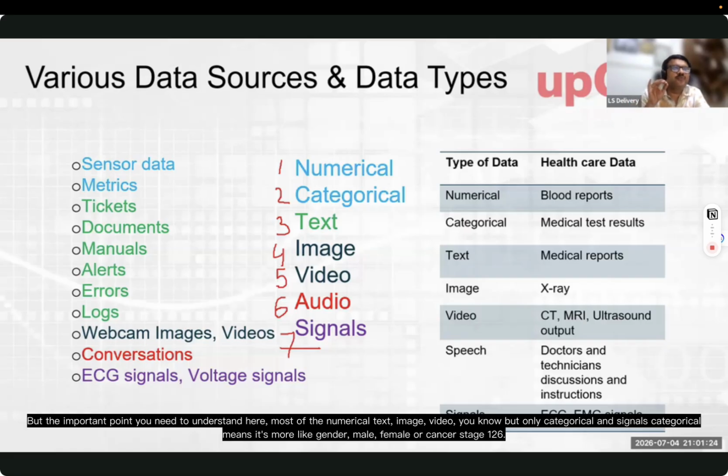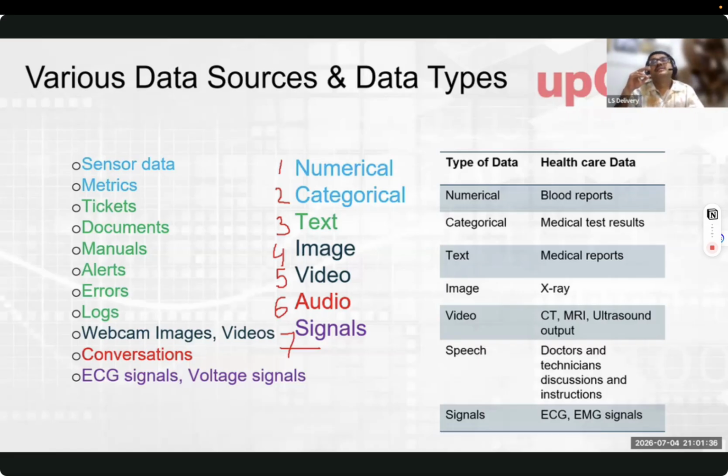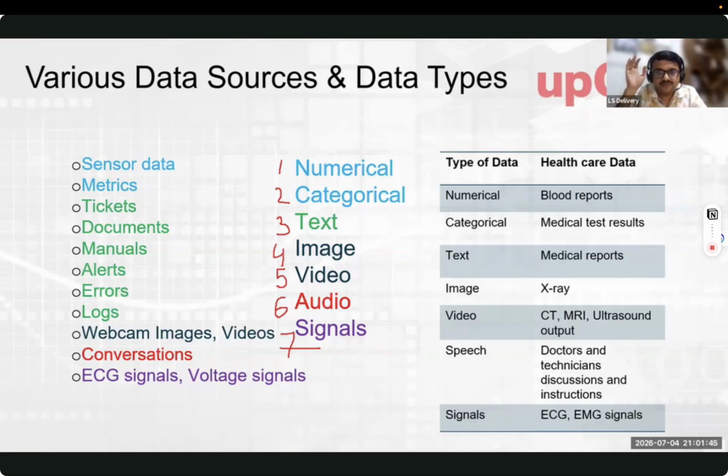Categorical means it's more like gender, male, female, or cancer stage 1 to 6. So those are the things which we are talking about at the categorical level, binary or non-binary, no problem. Signals is anything not belonging to any of those 6 will go to signals. That's the last one. Okay, I gave an example of ECG, EMG, and voltage signals and all.